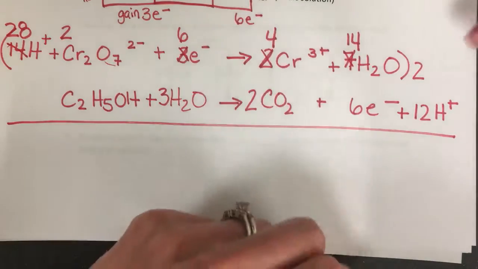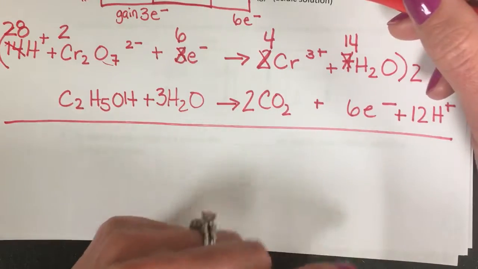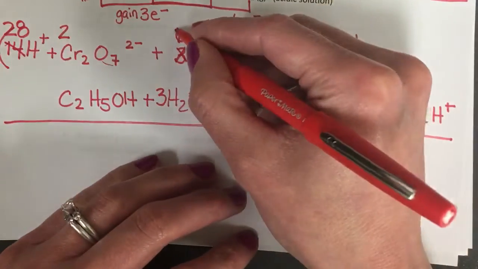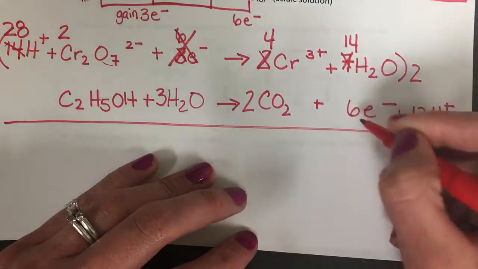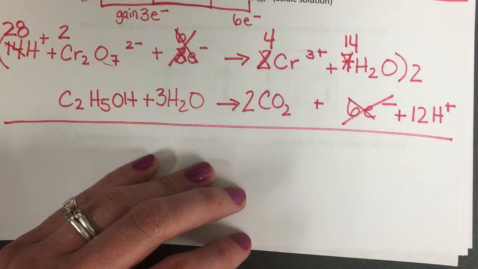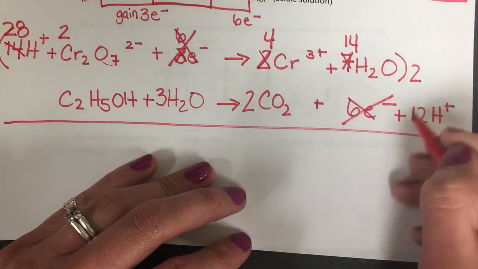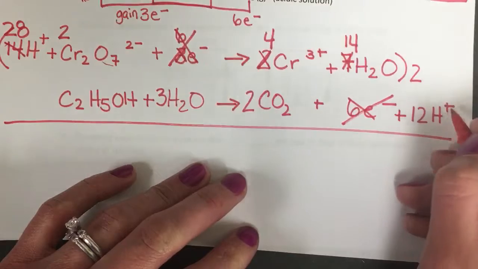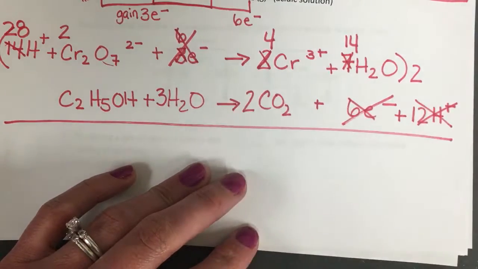Okay. Anything that's the same left and right, I cancel out. 6 electrons here go away. 6 electrons here go away. I've got 12 H pluses here, 28 here. All 12 of those go away.